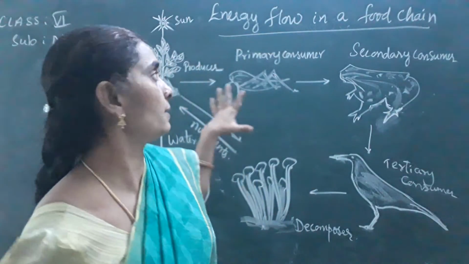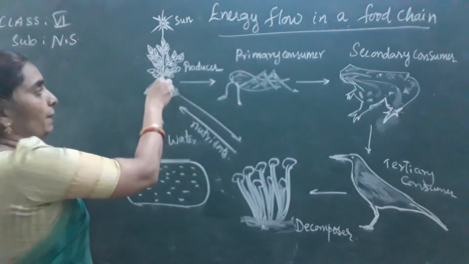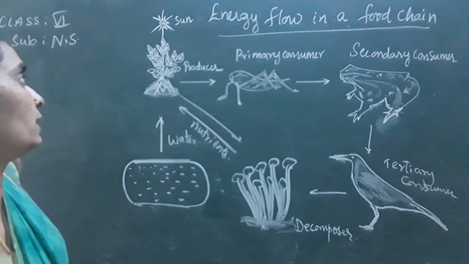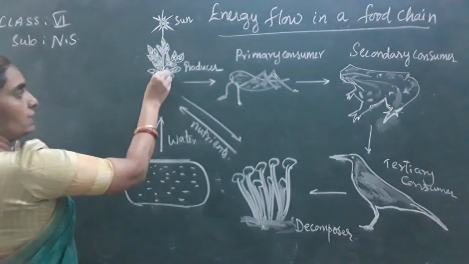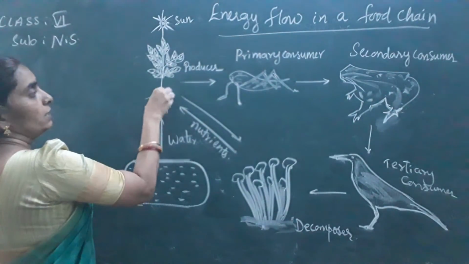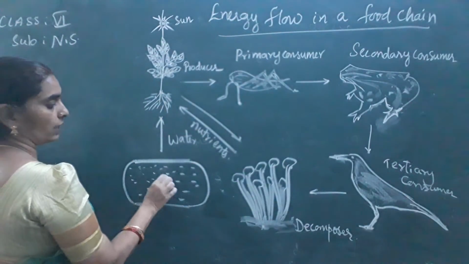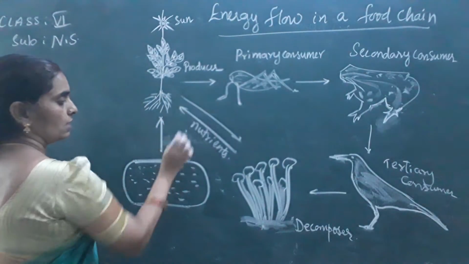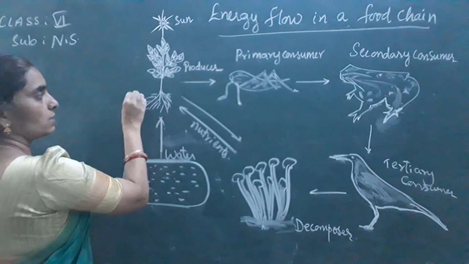If you see this picture, children, you can see that the plants over here take the solar energy and absorb the water and mineral salts from the soil. This is the water, children. So this is the water and mineral salts from the soil.